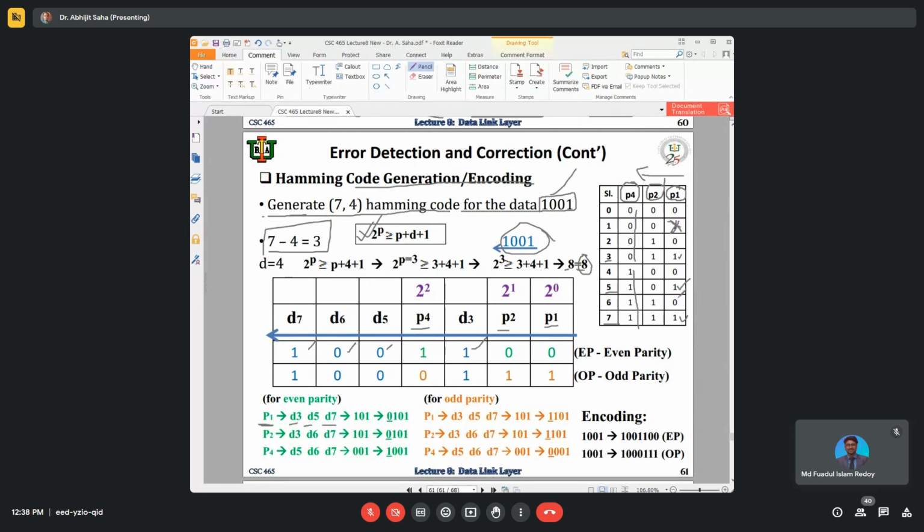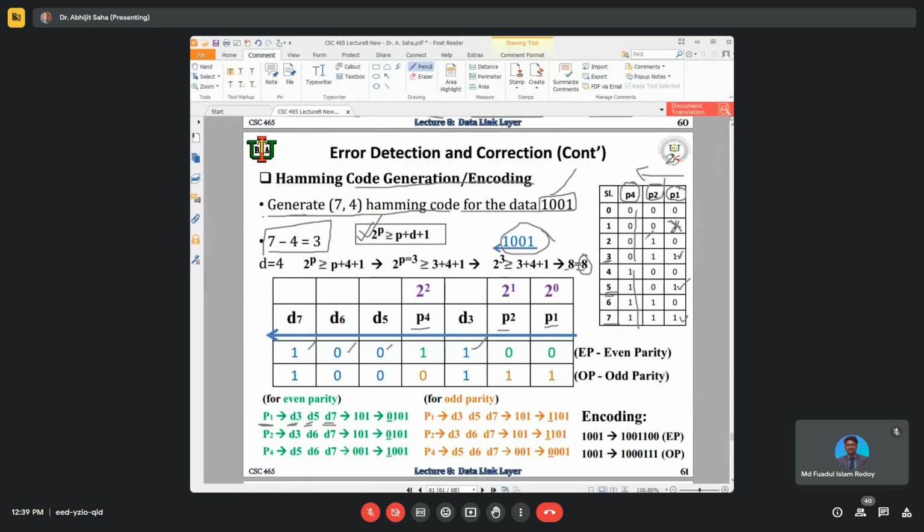Next you find from the column that this one is the 3rd position, so you write D3. The next one is in the 5th position, so you write D5, and then the next one is in the 7th position, so you write D7. Is it clear? Sir, the first one you always ignore. Yes, because in this position you have P1, and you are finding whether its value is 1 or 0. Okay, so this is what you have written.